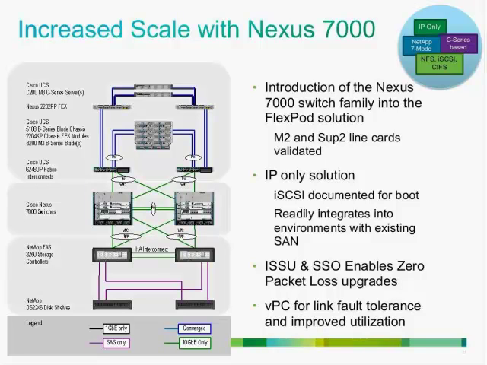It provides not only extra ports if needed, it also provides functions such as OTV, which I'll be discussing a little later, as well as in-service software upgrade, so that you can upgrade your software with almost zero packet loss.